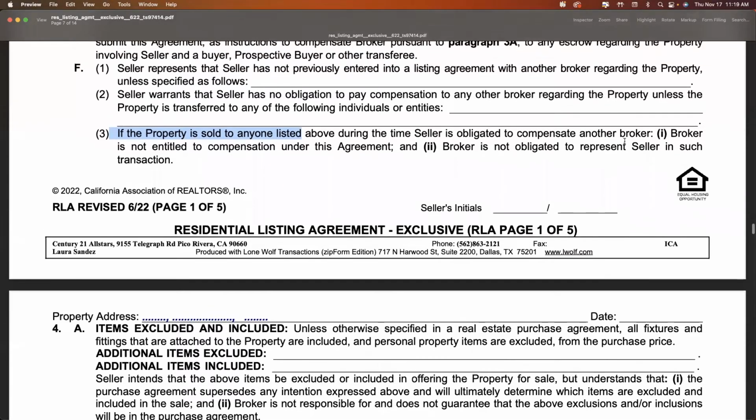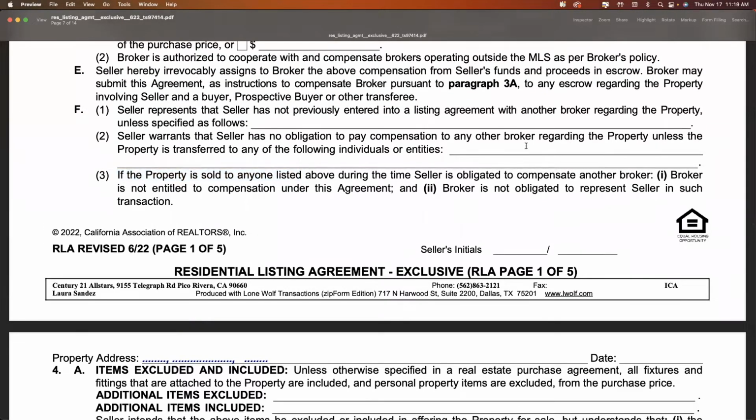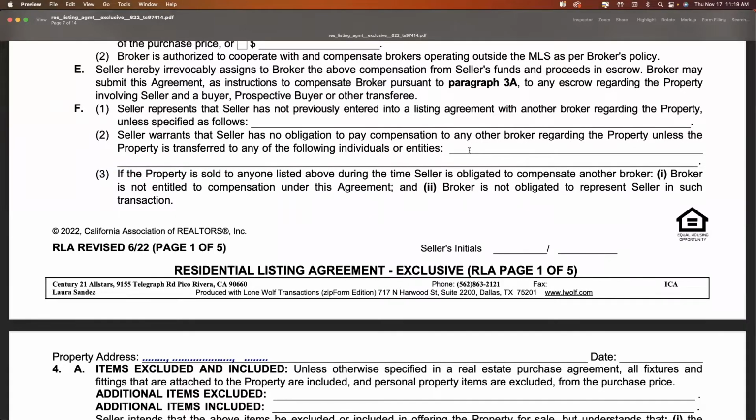So the reason that's important, and the reason why I like to put seller states no in these sections, is because if they do give us a list, let's say, for example, Gilbert, my seller, says, yes, I was listed with ABC Real Estate, and here is a list of 10 people that wrote an offer or saw the property, okay? And he gives me that list.